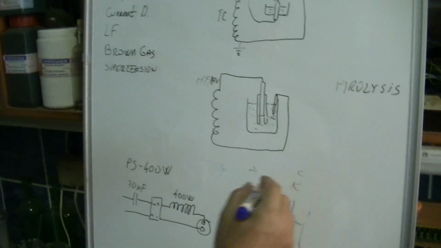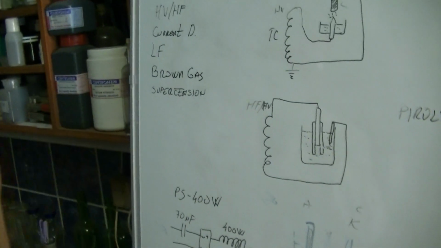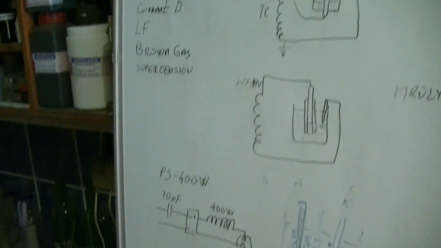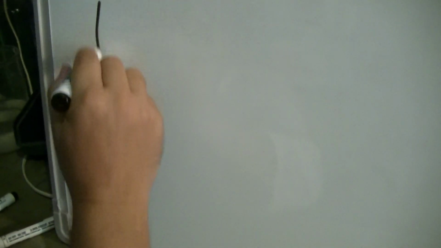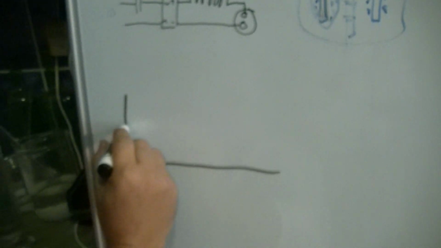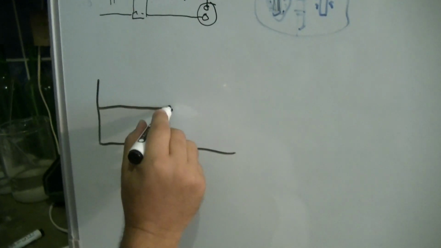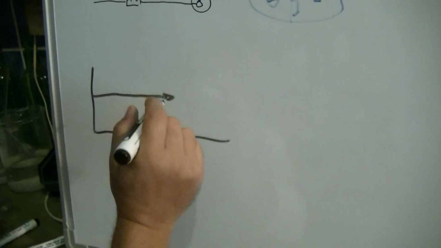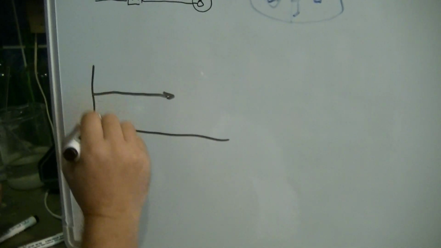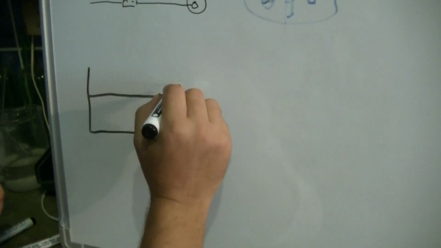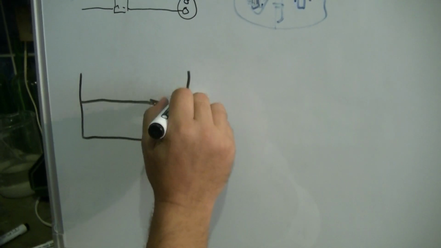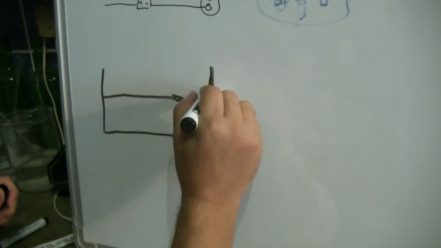Brown gas you have to produce with pulsating current. So I made a test before. It is steady current, which I'm using in the electrolyzer. But if I'm using pulsating, then the current looks like this.